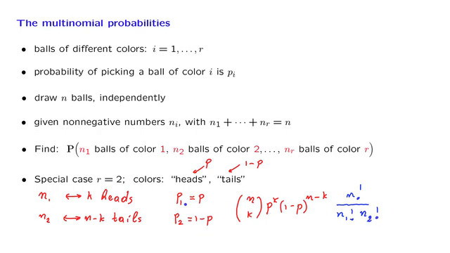And then p corresponds to p1, and 1 minus p corresponds to p2. So we get here p1 to the n1 times p2, and the power n minus k, again by analogy, is n2. So this is the form of the multinomial probabilities for the special case where we're dealing with two colors.